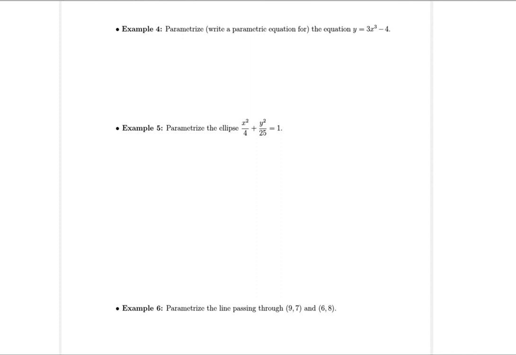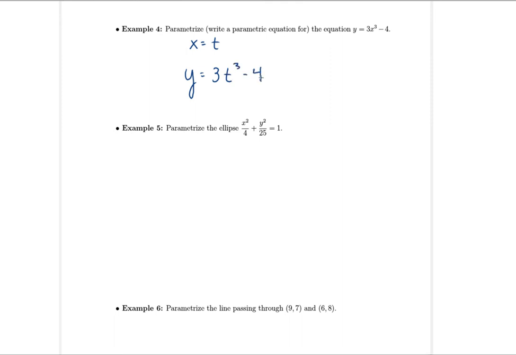Now in one where y is already a function of x, you've got just y on one side equals an expression involving x on the right. What you can always do is just let your x be equal to t, and since you already know y is equal to 3x cubed minus 4 and x equals t, that means y can be equal to 3t cubed minus 4.